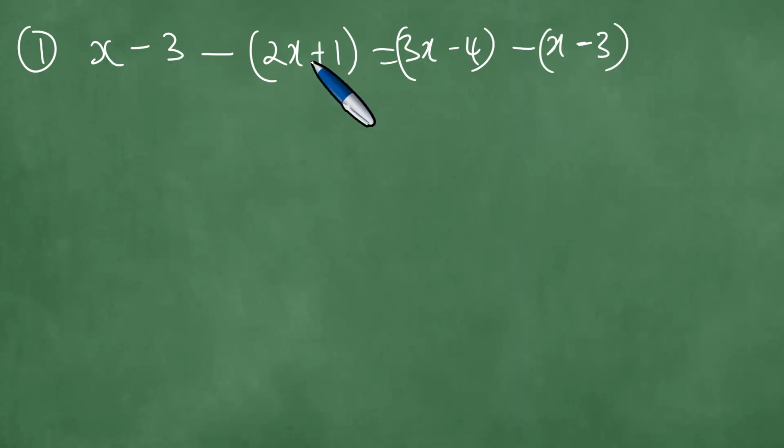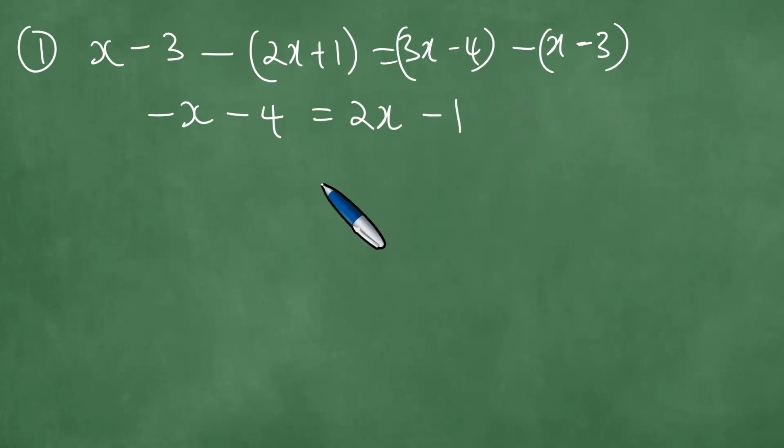Right, x minus 2x is minus x. Minus 3 minus 1 is minus 4. 3x minus x is double x, or twice x. Minus 4 plus 3 is minus 1. Moving this one across becomes 3x, and then it becomes minus 3.